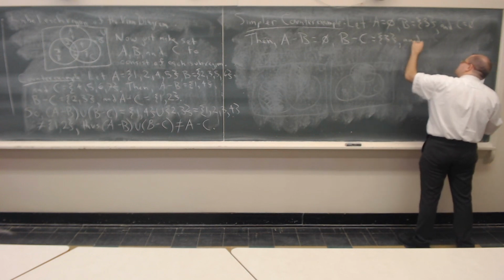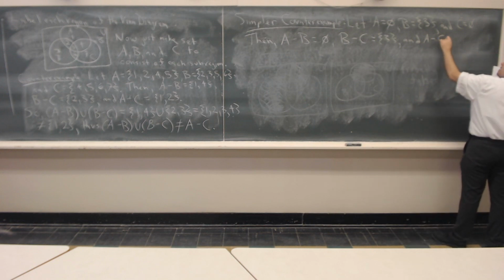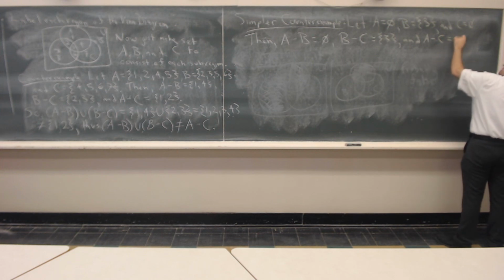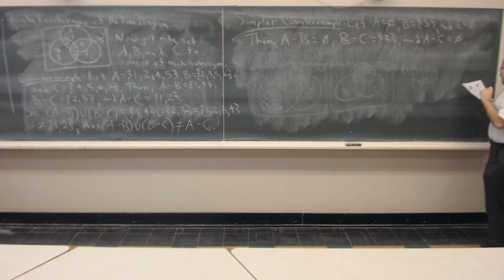And the set difference of A and C is equal to, of course, this is just the empty set minus the empty set. Okay, well, there are no elements for me to remove, as I obliterate the chalk.